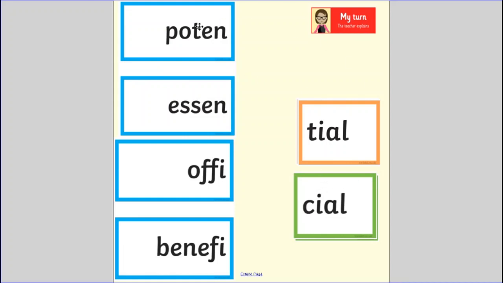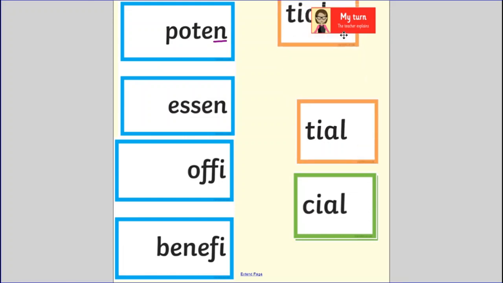So, potential. Now I can see here that the last letter at the end of the stem word is an N. Now do you remember which ending we add if the final letter of the stem word is a consonant? Is it TIAL or CIAL?